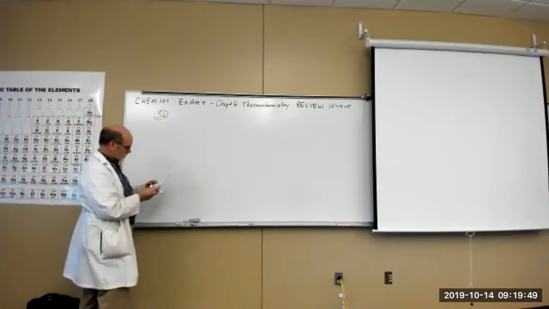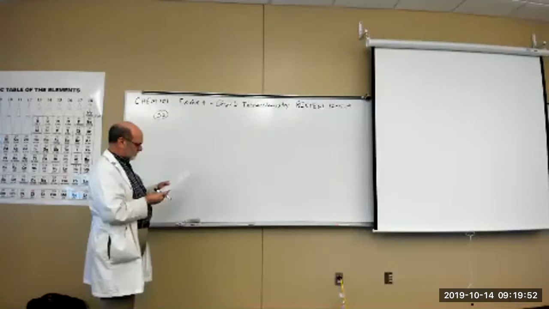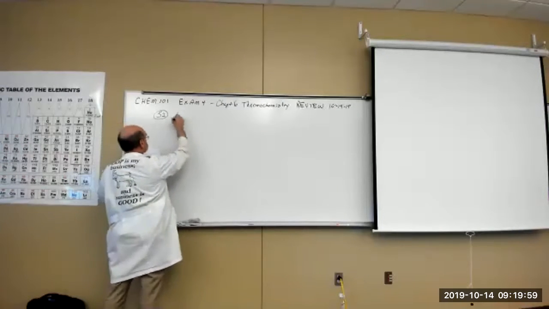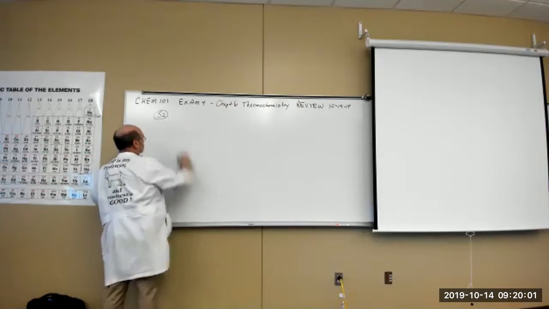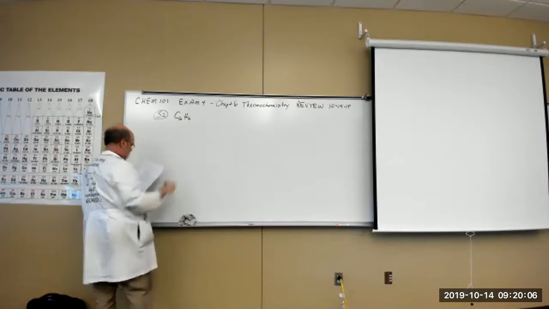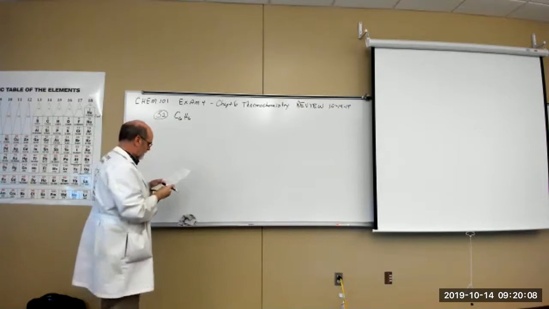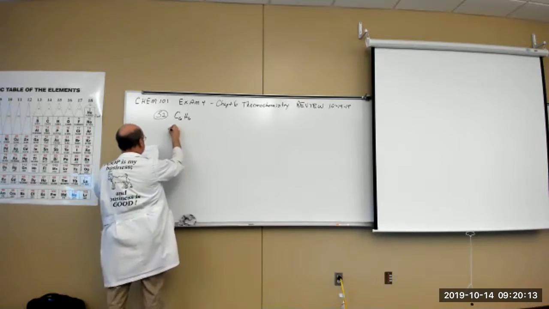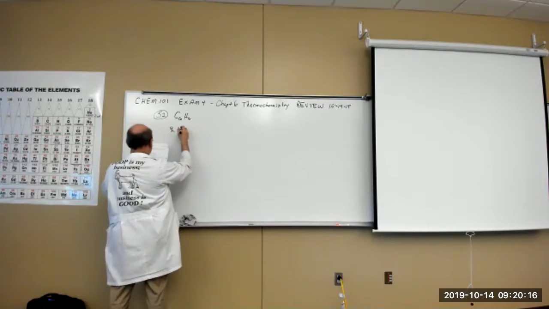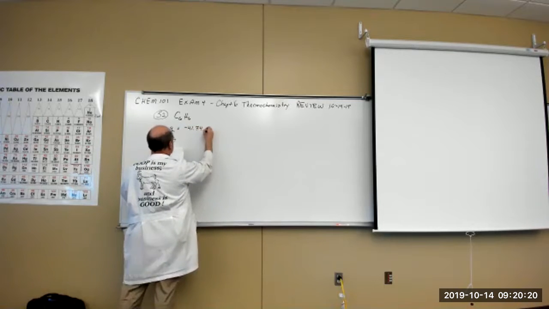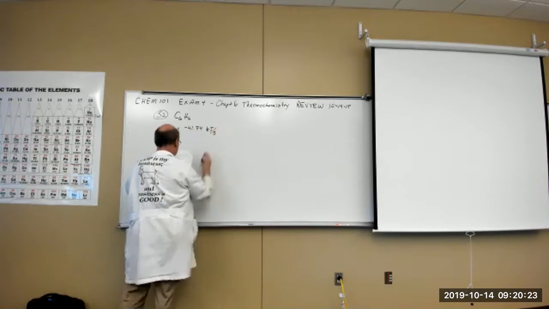This is number 52. Okay, the heat of combustion of benzene, and the reaction doesn't matter. But this is benzene. All right, and we're just going to burn it in a calorimeter. And the heat of combustion we're given is minus 41.74 kilojoules per gram.